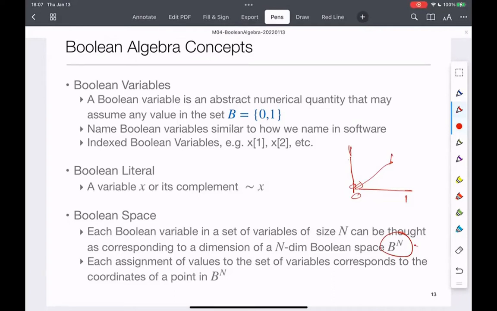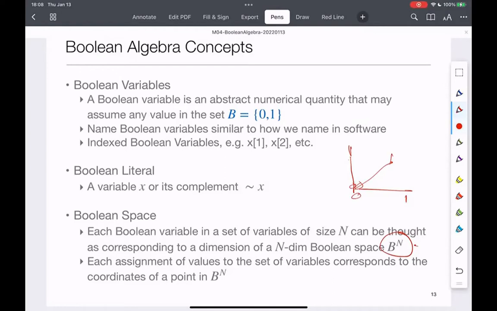Okay, so back to this. If I have n variables, I can think of them as representing an n-dimensional space where each axis can take 0 or 1 value. And each point in this space corresponds to a particular assignment of values given to the different variables, right?